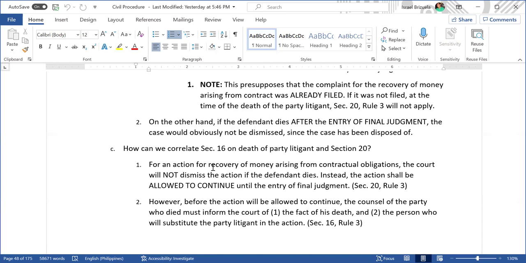Instead, the action shall be allowed to continue until the entry of final judgment. However, before the action will be allowed to continue, the counsel of the party who died must inform the court, one, the fact of his death, and two, the person who will substitute the party litigant in the action.